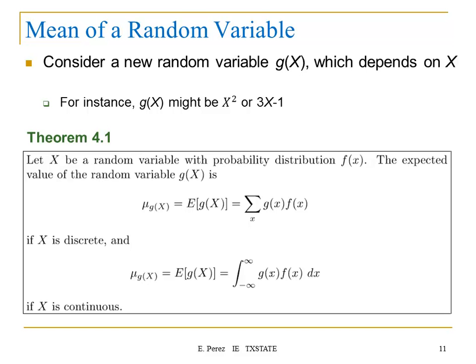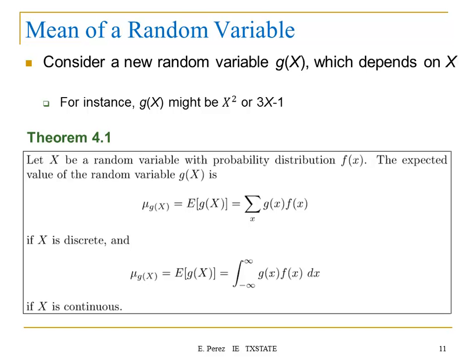Instead of looking at x here, now we're going to evaluate the function with the value of x, and we're going to multiply that by the probability of that event. Same thing here. Instead of the summation, we look at the integral for the continuous case. I believe this is going to become clearer now with the example.